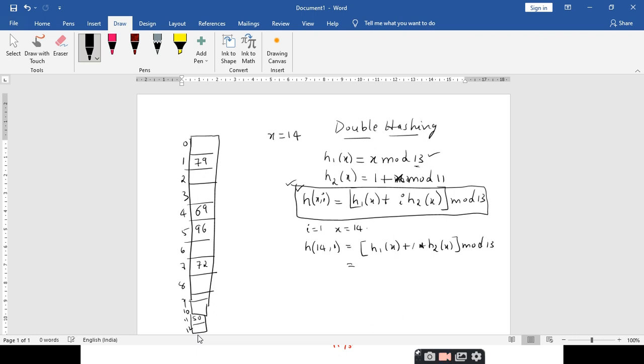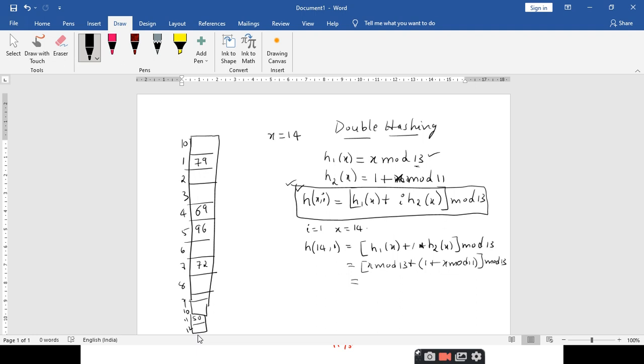It becomes x mod 13 plus 1 into h2 of x, which is nothing but 1 plus x mod 11, all mod 13. So what is x mod 13?